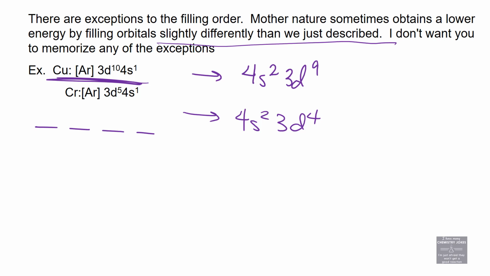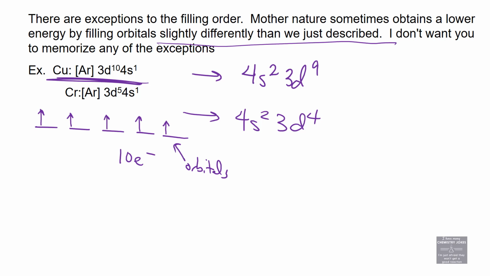A 3d subshell can hold 10 electrons total, which means it has 5 orbitals. I'm going to leap ahead. If you put in electrons, and that's what these arrows are, I know we don't know why we're doing arrows and not dots right now, we're getting there.